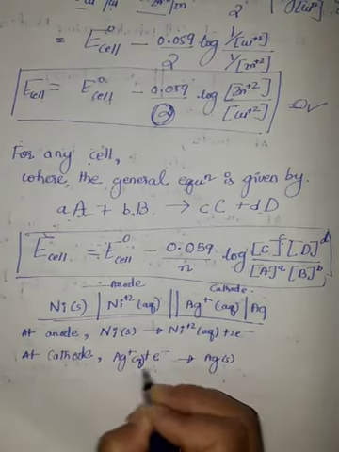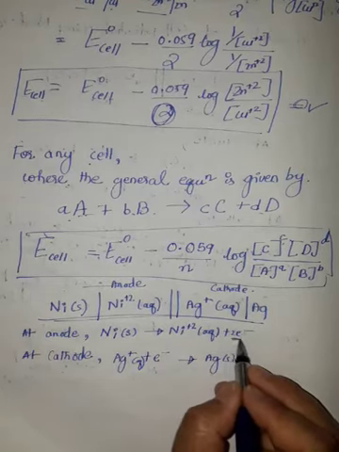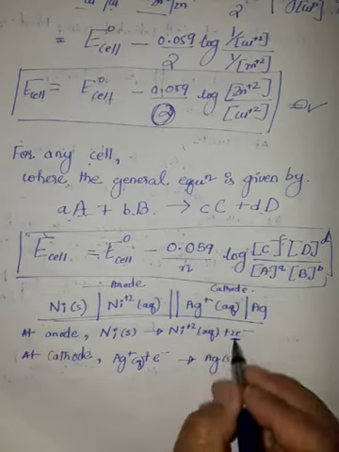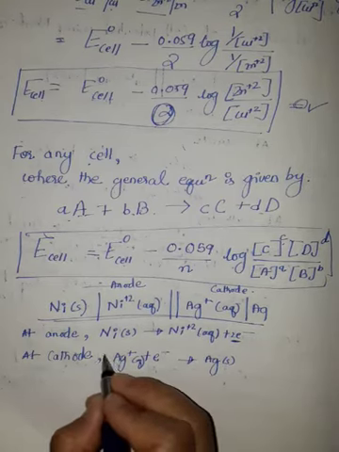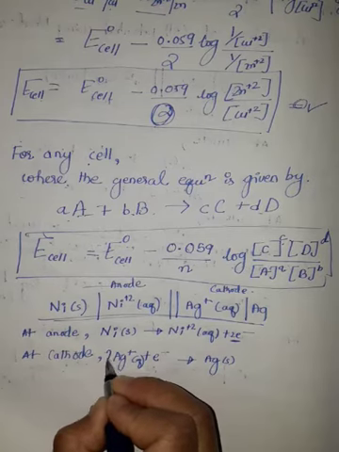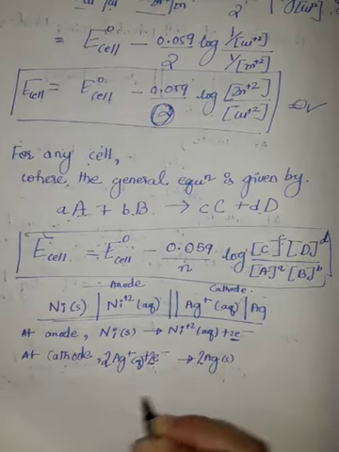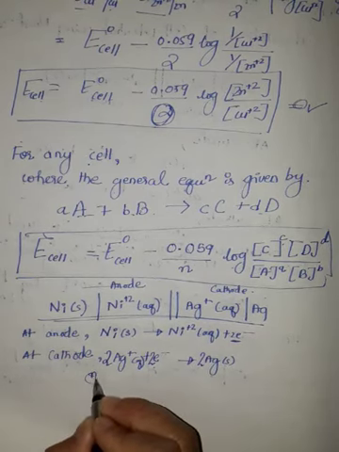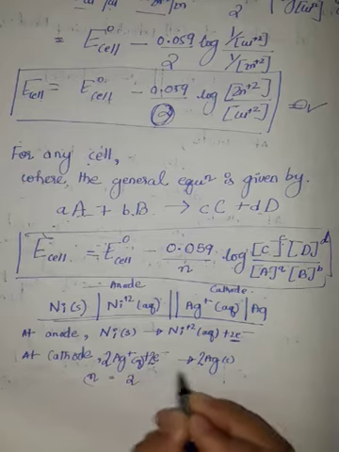Now nickel is releasing how many electrons? 2 electrons, right? So you need to balance the equation. The silver has to gain 2 electrons, so we multiply this equation by 2. What is the number of moles of electrons exchanged during the reaction? It is 2.